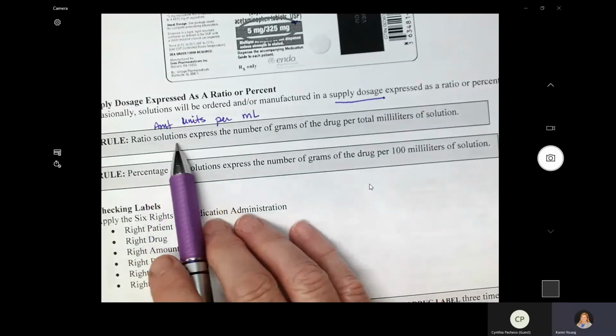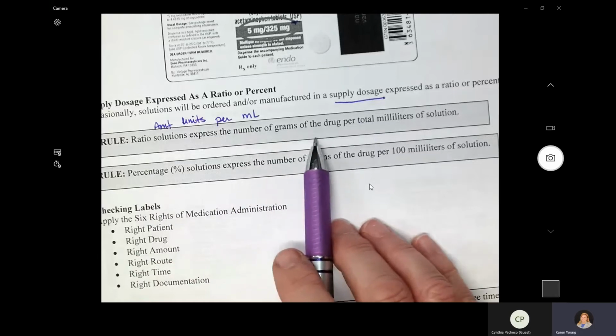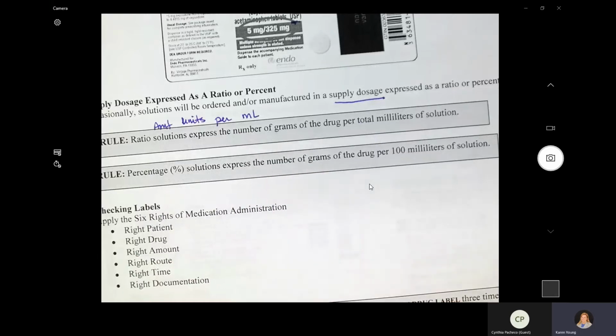So, a ratio solution expresses the number of grams of the drug per milliliters of the solution. It could be milligrams of the drug per tablet. If it's an IV, or if it's a liquid, it's always going to be milliliters.